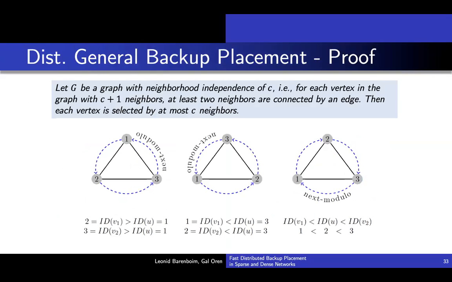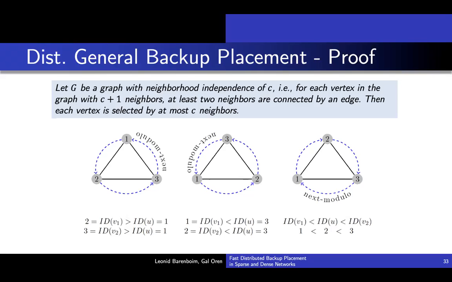Now let's prove our claim regarding the load C. Let G be a graph with neighborhood independence of C, meaning for each vertex in the graph with C plus 1 neighbors, at least 2 neighbors are connected by an edge. Then each vertex is selected by at most C neighbors. So assume for contradiction that C plus 1 or more vertices chose the same vertex U as a backup placement.